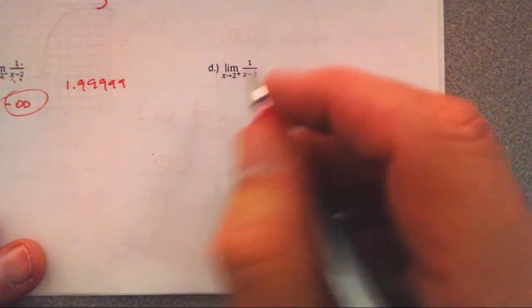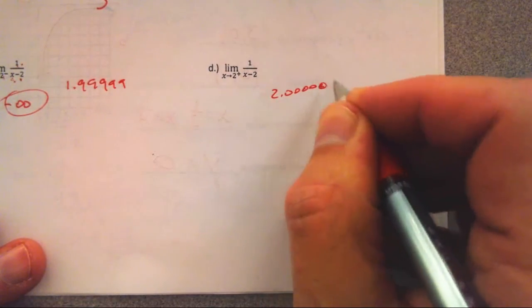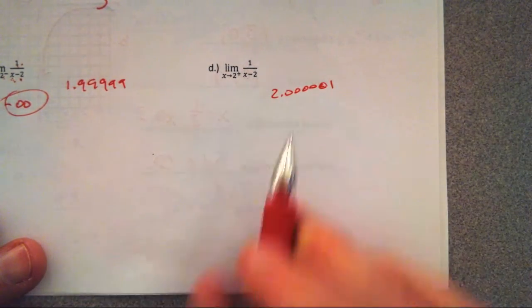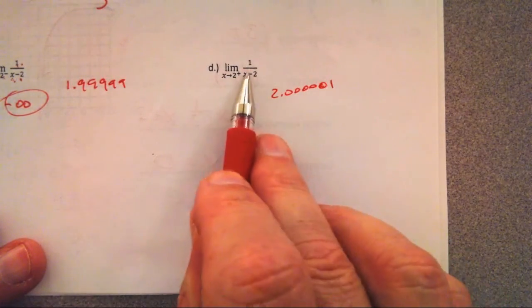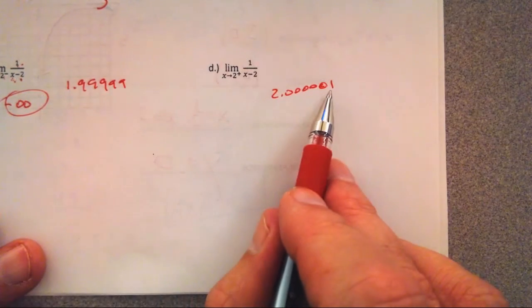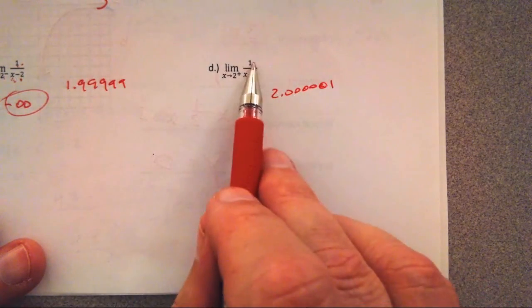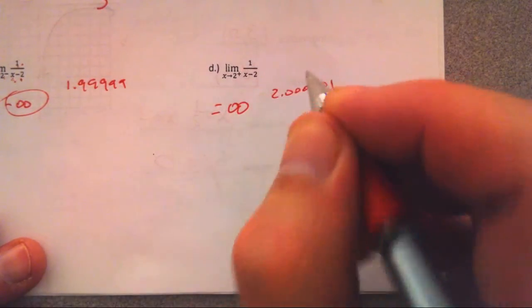Whereas, I don't care about the whole graph, I care about what happens here. When I put that in, I get 0.00001, and I think 1 on that, you can check me on this, is 100,000. But it's a positive divided by positive approaching infinity. This one is positive infinity.